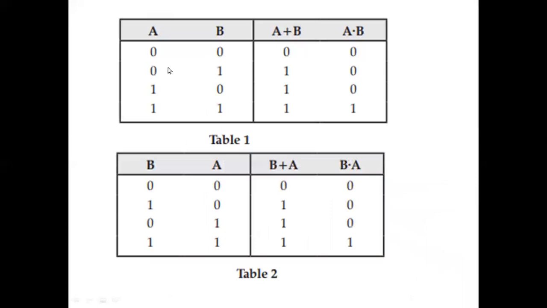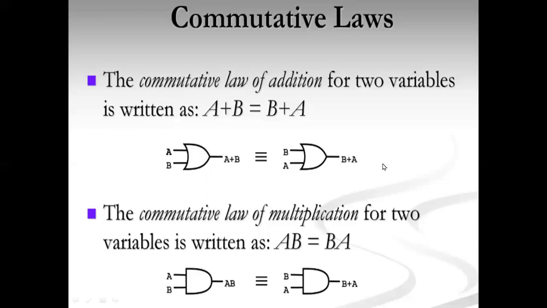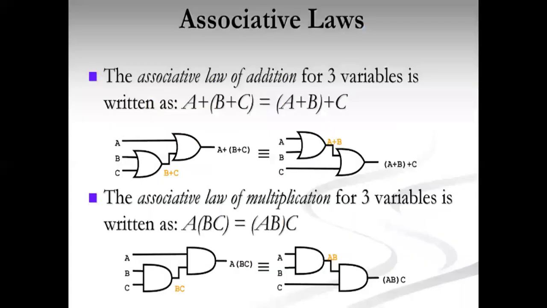So the truth table has A, B, A plus B, and A dot B. Here I have the OR gate operation and AND gate operation. Similarly, the first input is B and the second input is A. Now it is B plus A, which is the same as A plus B, and A dot B is equal to B dot A. So the commutative law is proved.